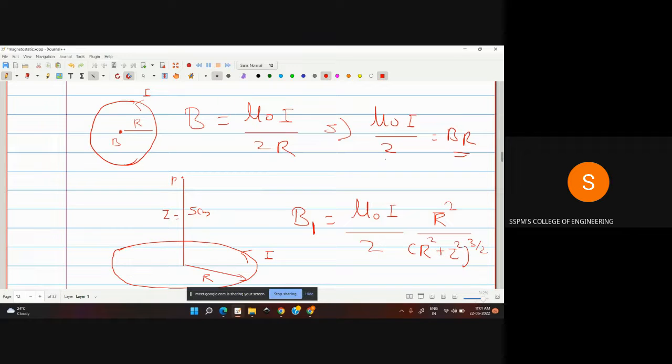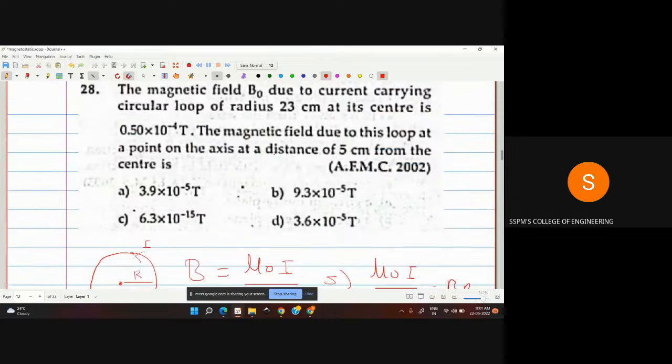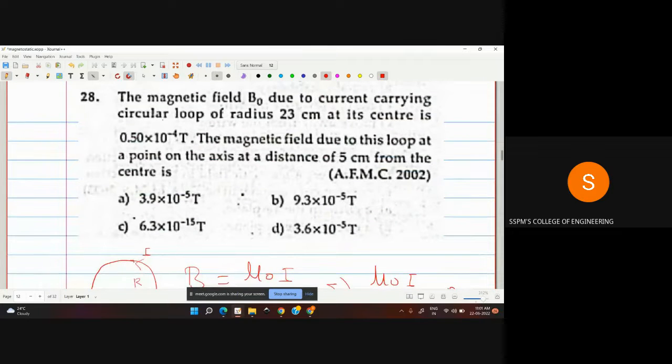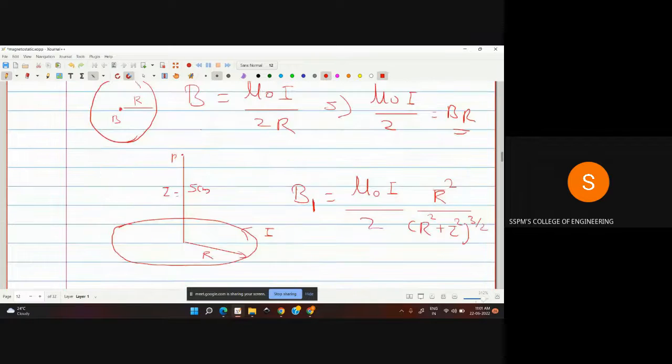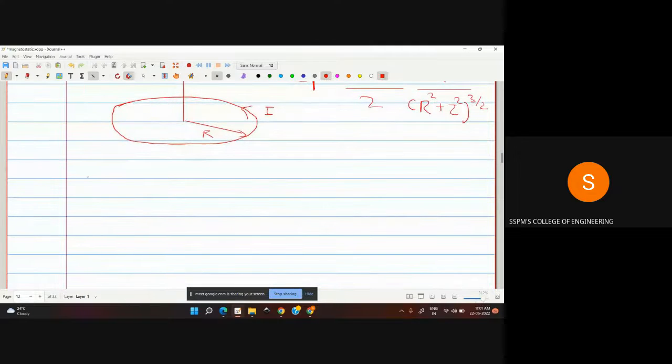Mu 0 I divided by 2 is B into R. Now B is given. B is 0.5 into 10 to the power minus 4. So what is mu 0 I divided by 2? 0.5 into 10 to the power minus 4 and R is 23 centimeter. ये दिलेला आहे 23 centimeter minus 2.